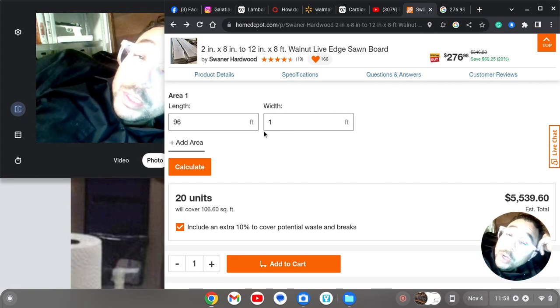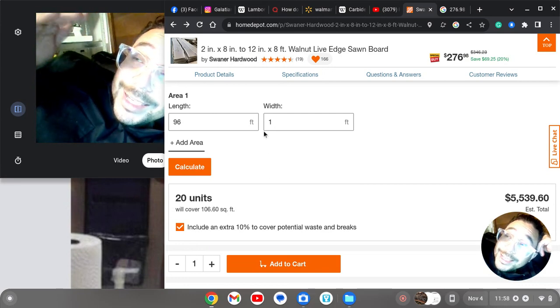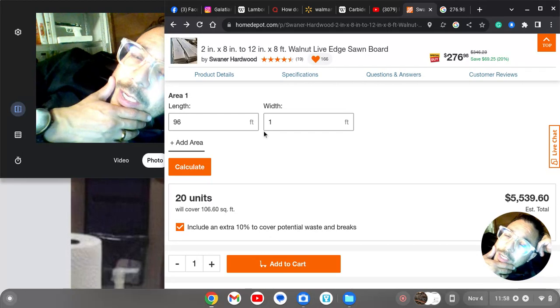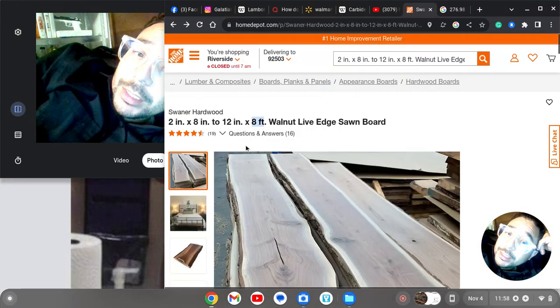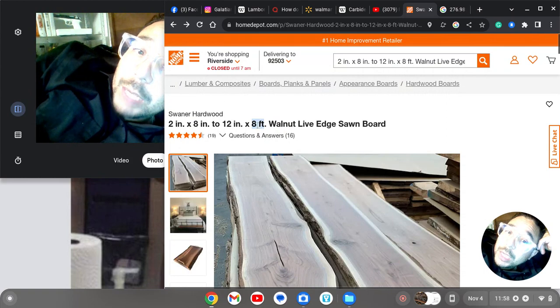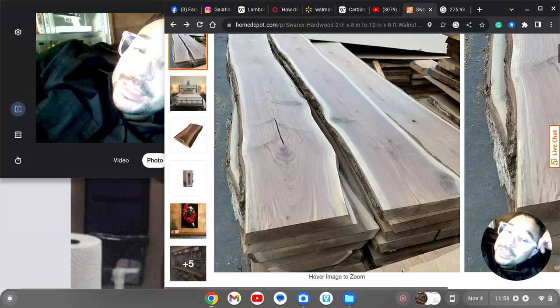I mean, possibly, because I don't know anything regarding the tree, how long it grows, how tall it grows. But since the website says 8 feet, I'm assuming that they would cut them to the 8 feet.